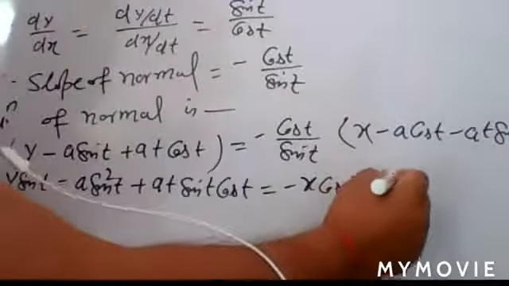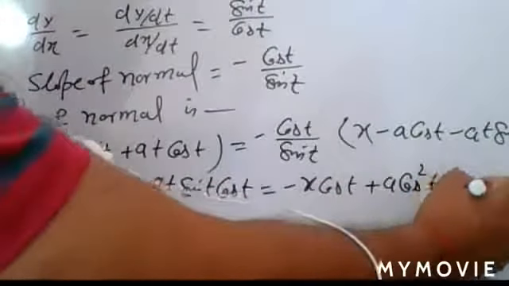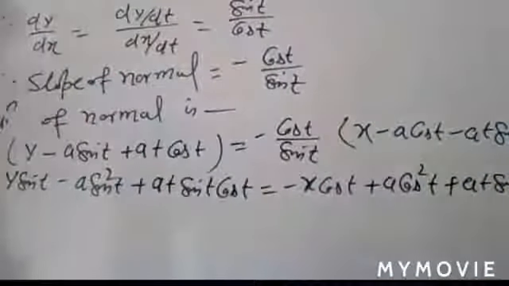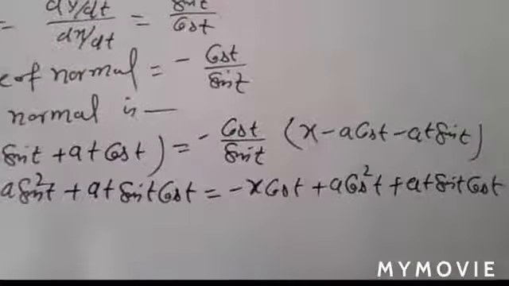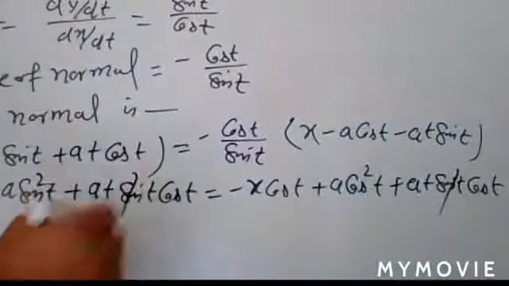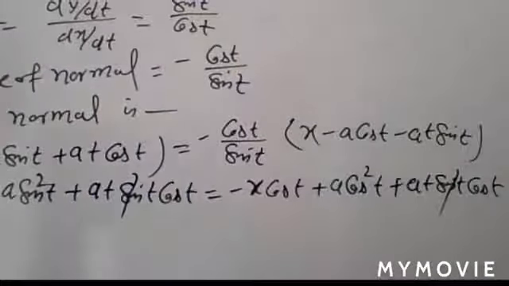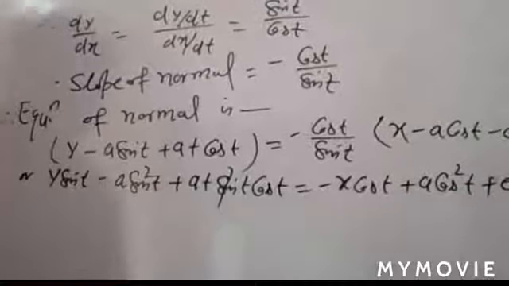Here you have plus a cos square t, and this side you have plus a t sin t cos t. So a t sin t cos t cancels out from both sides. So you write the remaining terms as the equation.